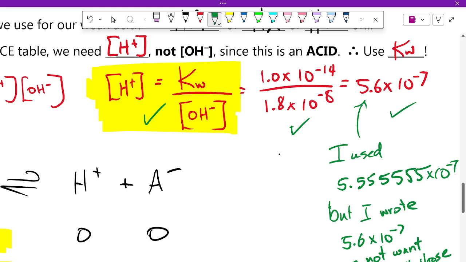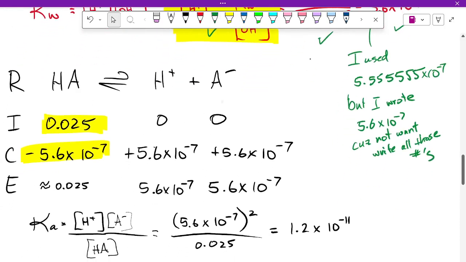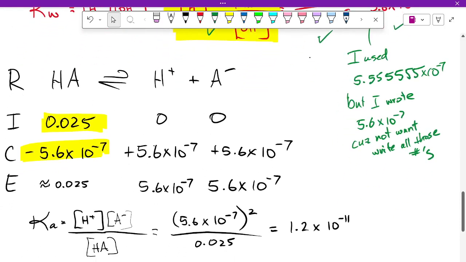But don't change it to 5.6 times 10 to the negative 7 in your calculator. Don't press clear. Keep the 5.5555555. If you do want to press clear, then type in 5.556 or something like that. Yes? All right, and you should get that.